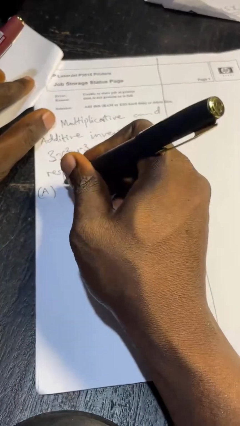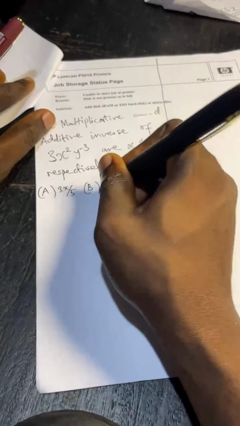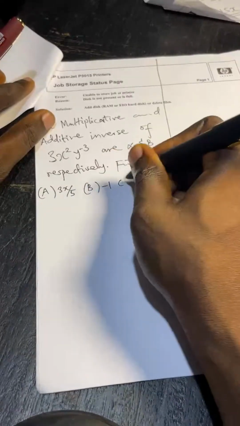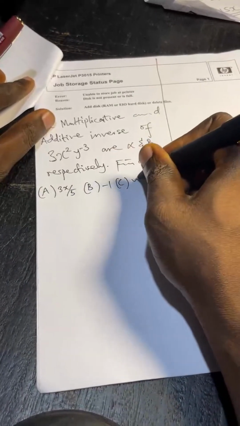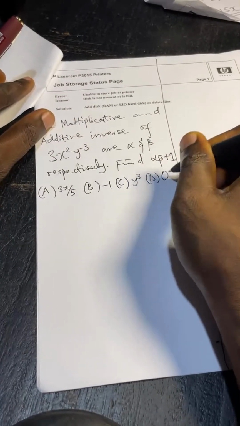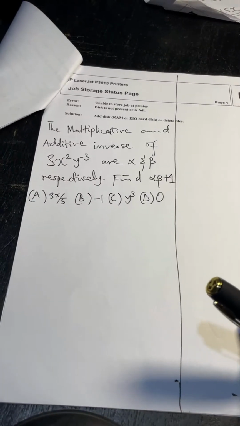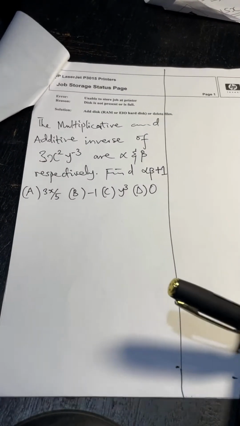Let me give you the options. A, 3x over 5; B, minus 1; C, y cubed; and D, 0. So these are the respective options.